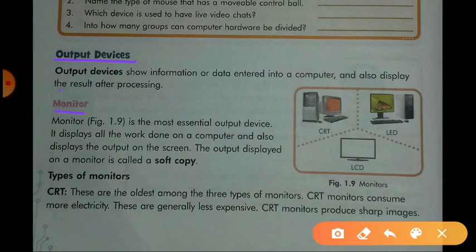Okay, monitor is the most essential output device. It displays all the work done on a computer and also displays the output on the screen. The output displayed on a monitor is called a soft copy.